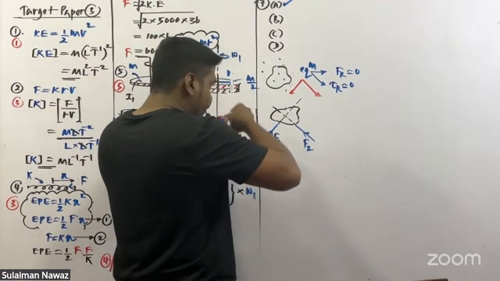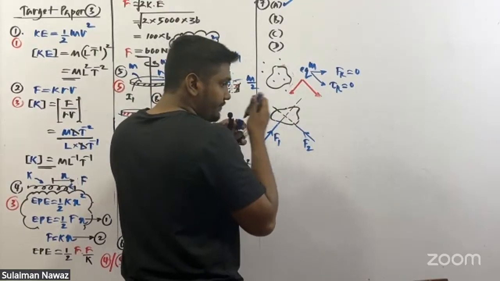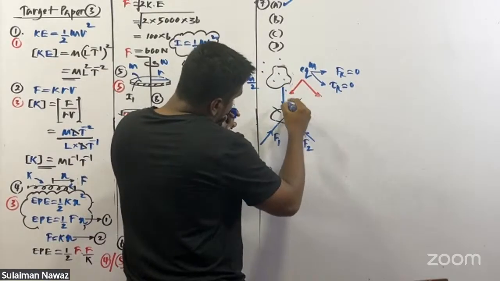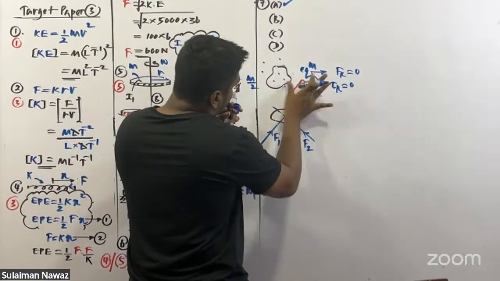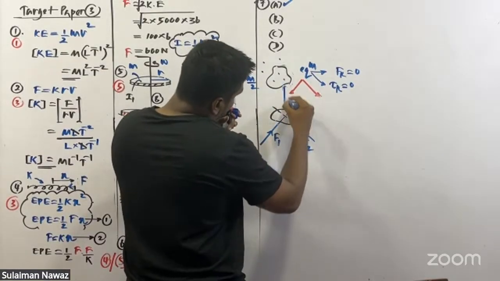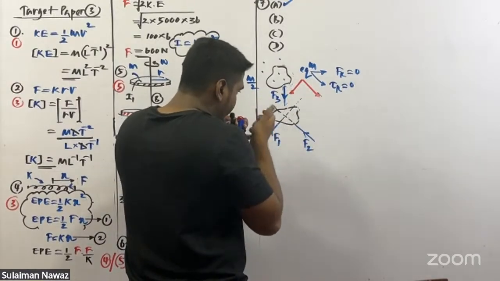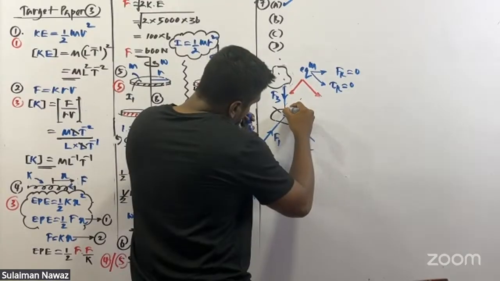And there is another force acting on this object, that is F3. The line of action of the F3 force is going to be this way.